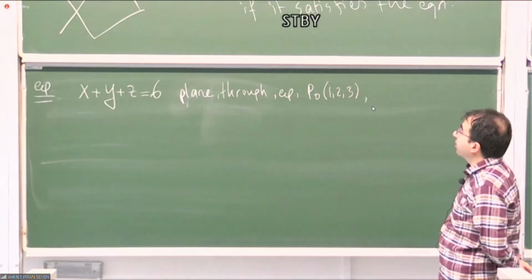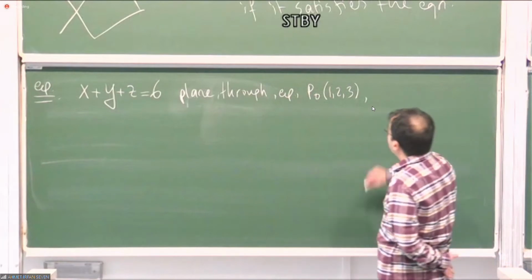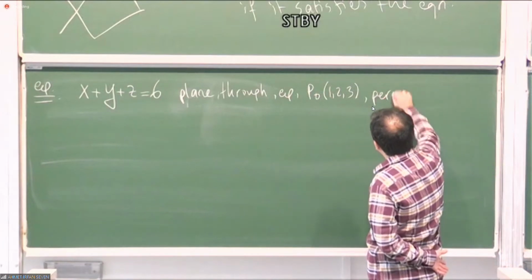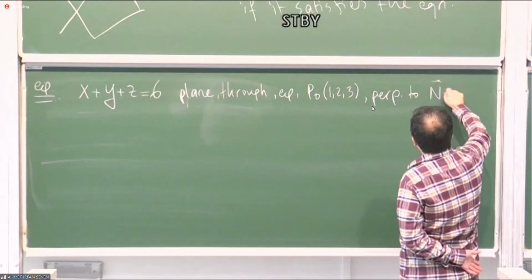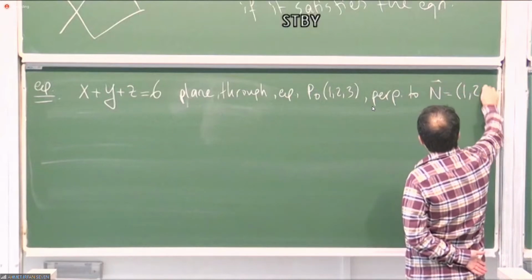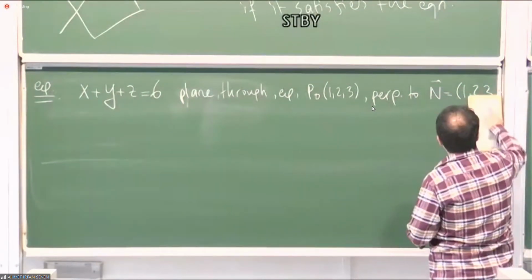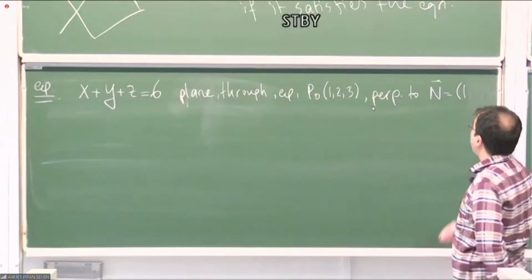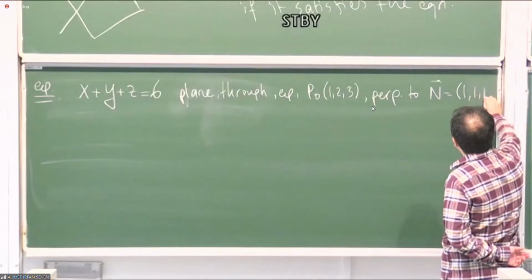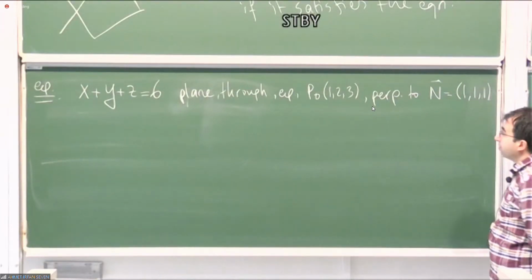This point satisfies the equation, so it is a point on the plane, and it is perpendicular to the normal vector, as we say. So what is the normal vector? We read (1, 1, 1). Plane through this point and perpendicular to this normal vector.